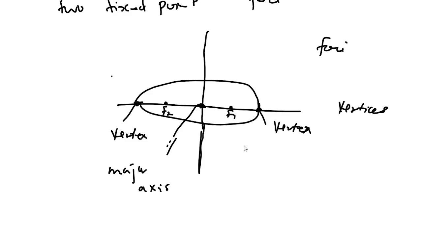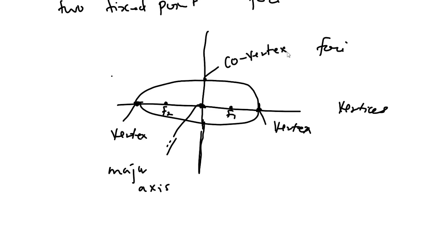A line perpendicular to the major axis through the center intercepts the ellipse at a point called the co-vertex. So this line here is perpendicular to the major axis, and it intersects the ellipse at points called the co-vertices.